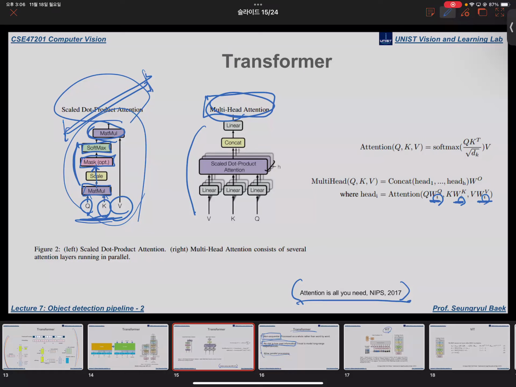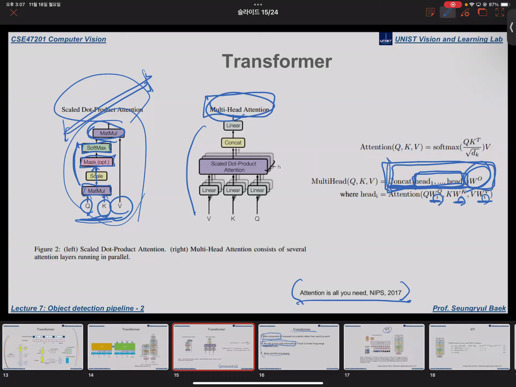Okay, so given one input, we will transform it to multiple key, query, value sets, and then after that, we will concatenate their outputs and apply one last weight to this concatenated output, and this would be the final output.